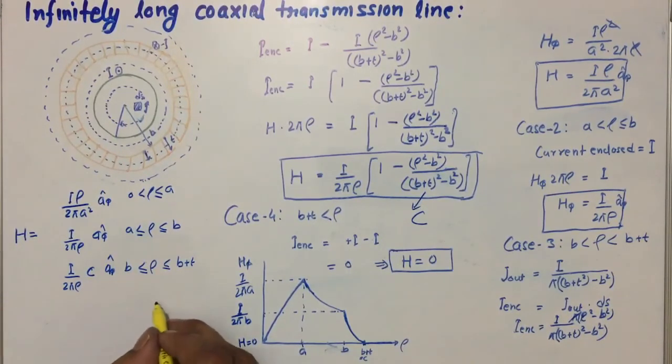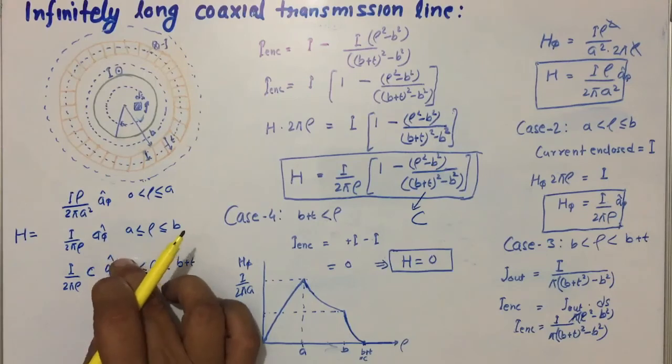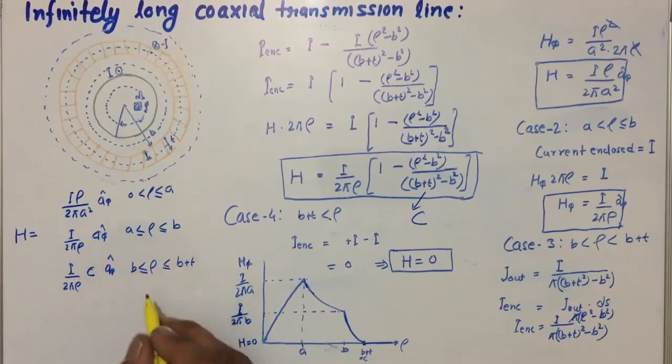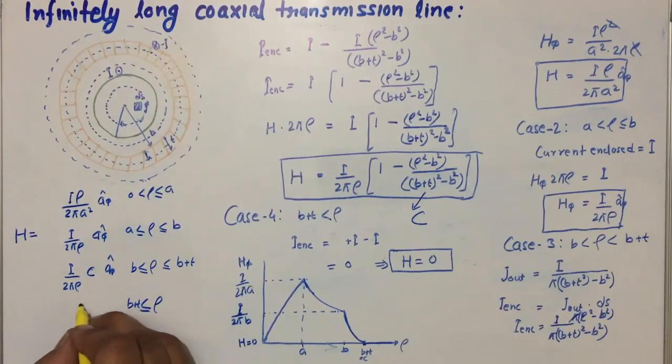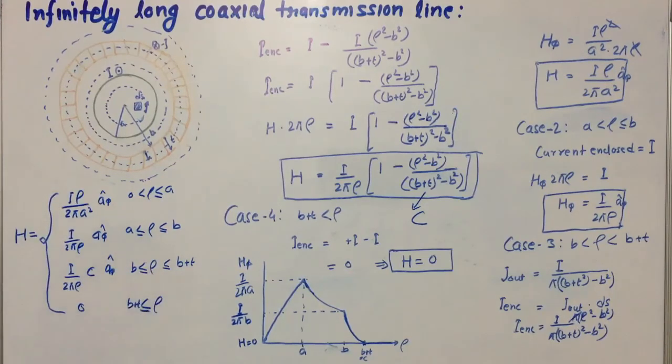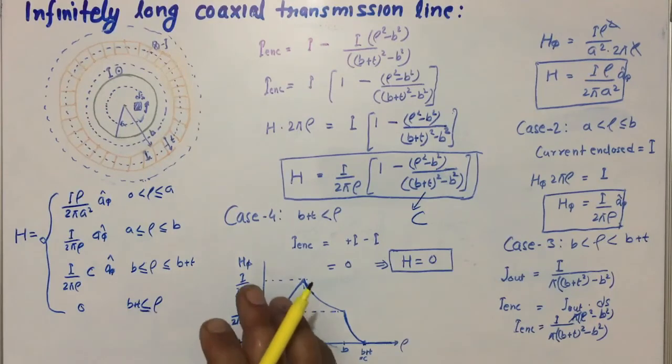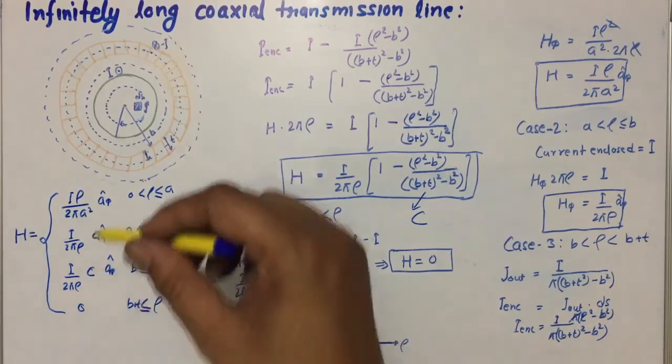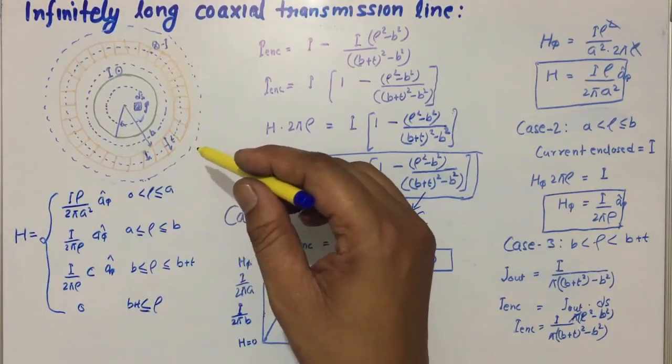And if rho is greater than B plus T, in that case the magnetic field is 0. So this is the summary of the magnetic field intensity in the case of a coaxial transmission line.